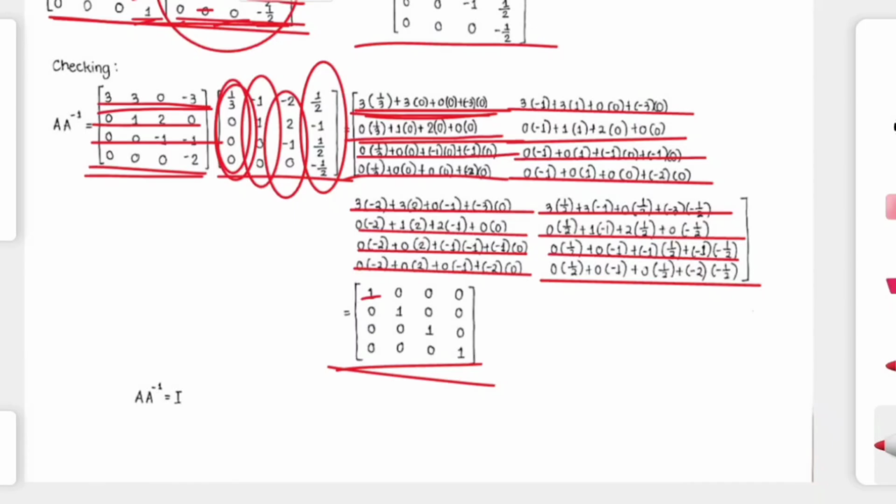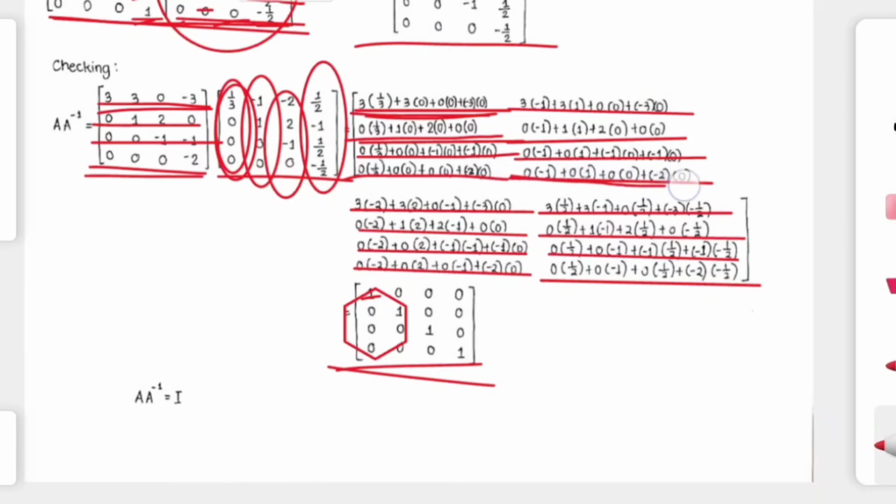And 0 times 1 third plus 0 times 0 plus negative 1 times 0 plus negative 1 times 0 is equals to 0 also. And for the row 4 multiplied to column 1, we have 0 times 1 third plus 0 times 0 plus 0 times 0 plus negative 2 times 0. So we get here the 1, 0, 0, 0 for column 1.